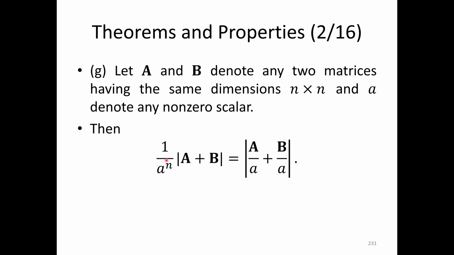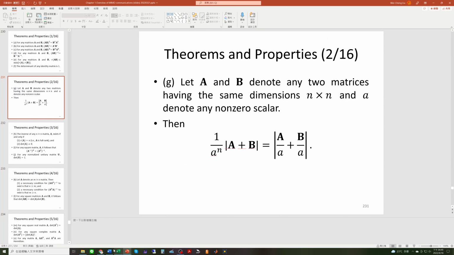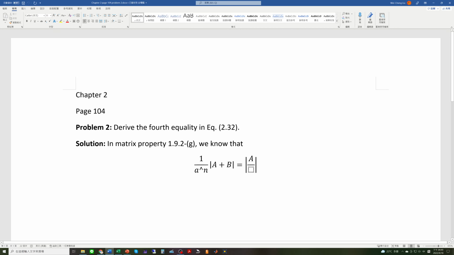Then 1 over small a to the power of n times the determinant of capital A plus capital B is equal to the determinant of capital A over small a plus capital B over small a. This is section 1.9.2G. So let us go back to Microsoft Word.